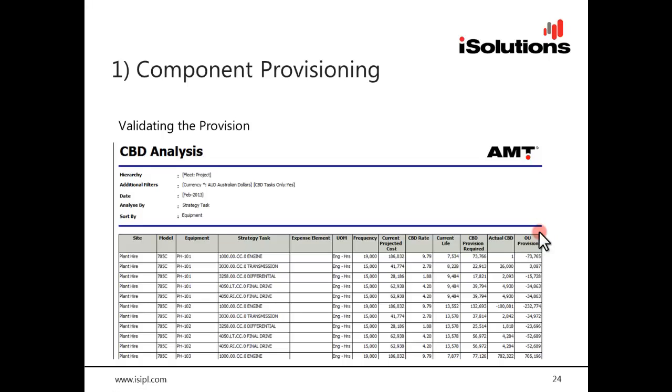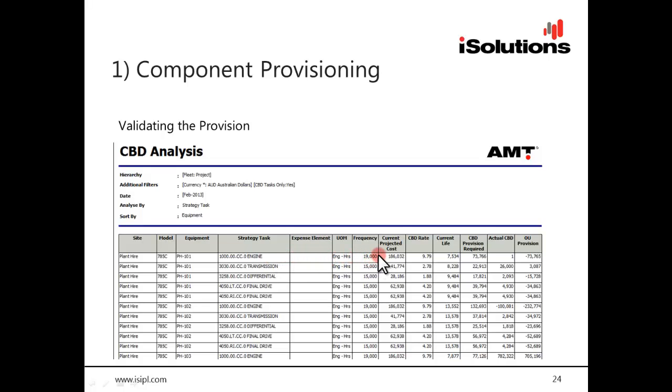But the question is, is 300,000 the right number? So this is a second report that does an analysis of that provision. It first of all calculates what should be your provision. If we just take the top line of this, we've got your engine on a haul truck.